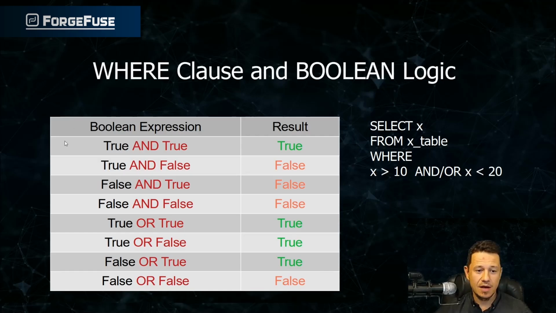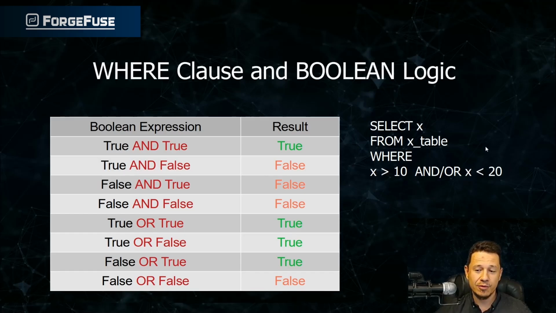In my table, I have a complete representation of Boolean logic for AND and OR operators. On the left-hand side, the Boolean expression is a combination of two conditions. On the right side, I have a representation of a query, where I'm querying x from the x table, and the condition is where x is greater than 10 AND/OR less than 20.